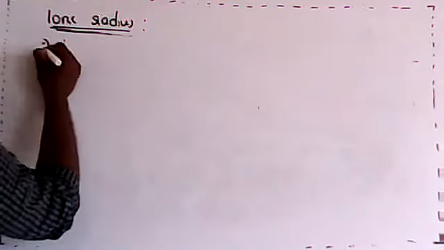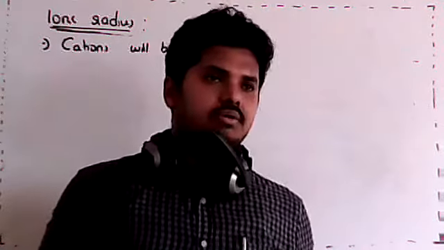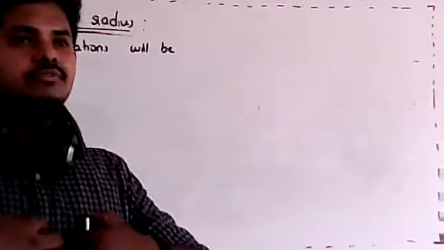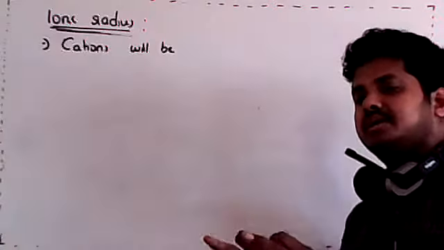Because cations are formed by the losing of electrons, and after losing, the same number of protons is attracting a smaller number of electrons. So the nucleus will be more powerful now. It is just like a tug of war.